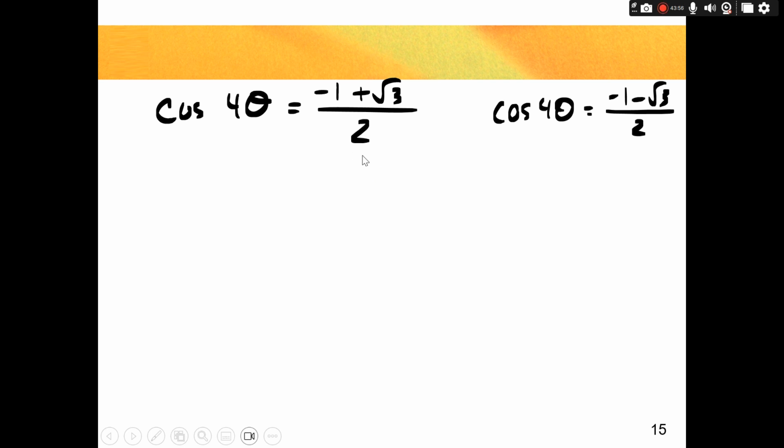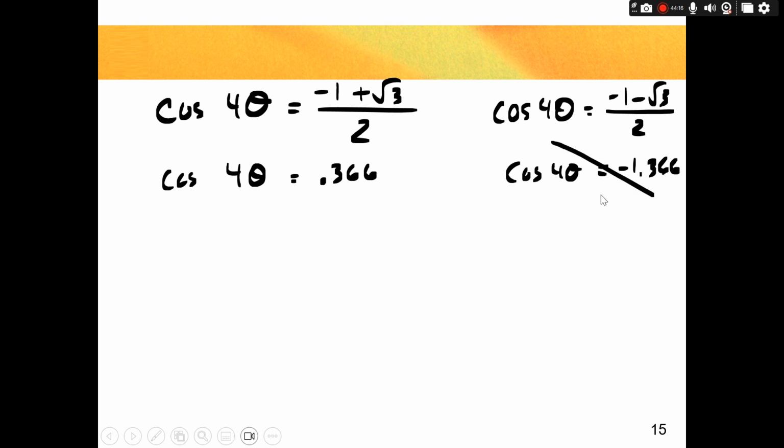First of all, it has to be positive. Is that right? 0.366 is correct. So we're looking for one that looks like that on your sheet, and this one becomes this right here. What can we do with the other one? We can say not possible. Is that right? Yeah. So let's concentrate on this one here.